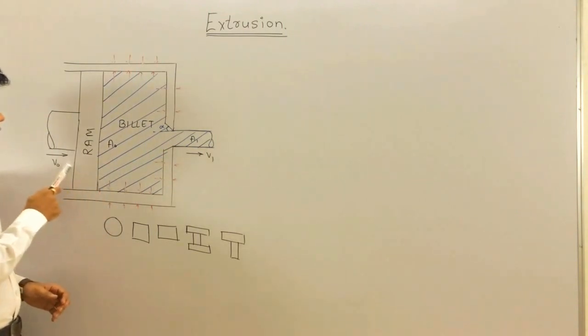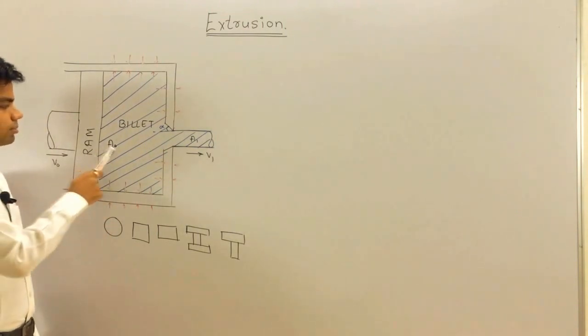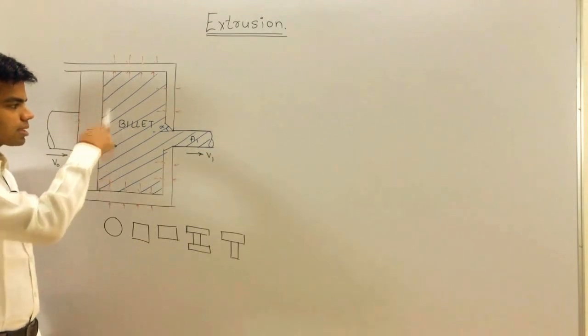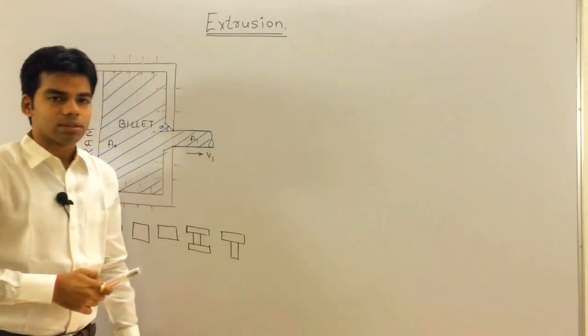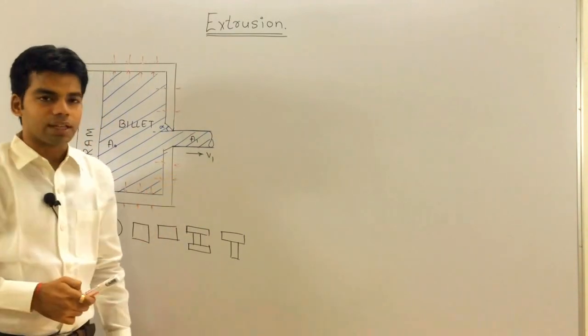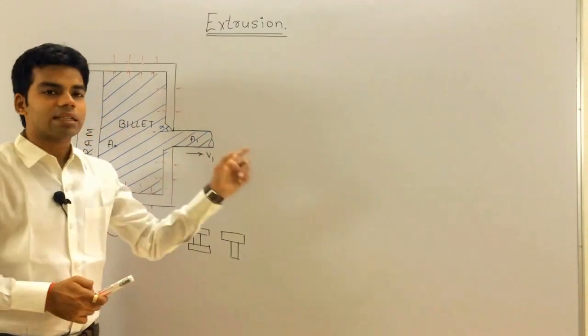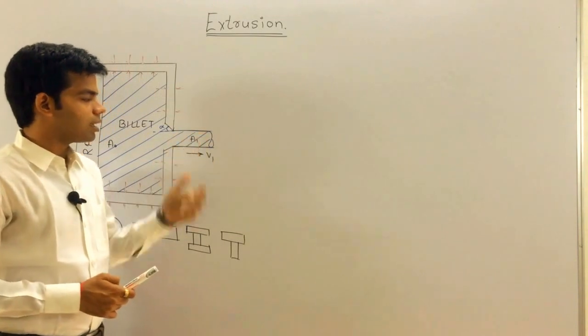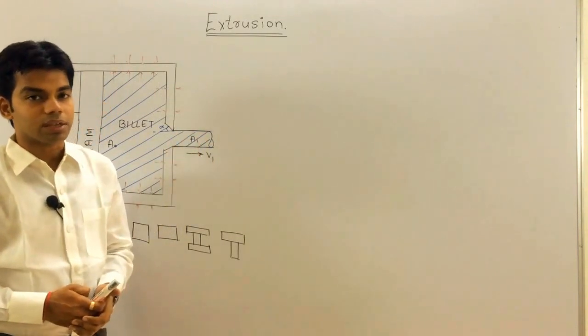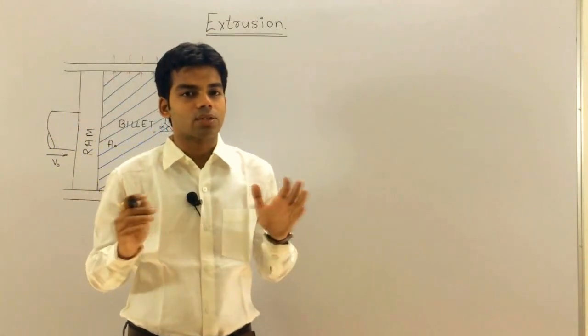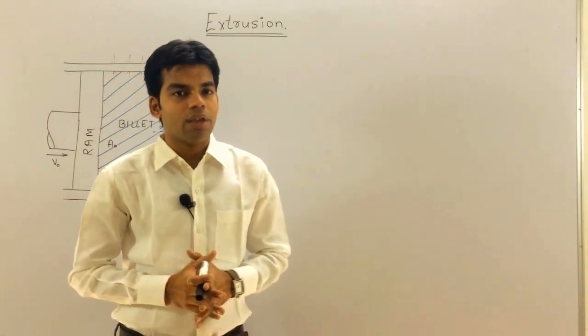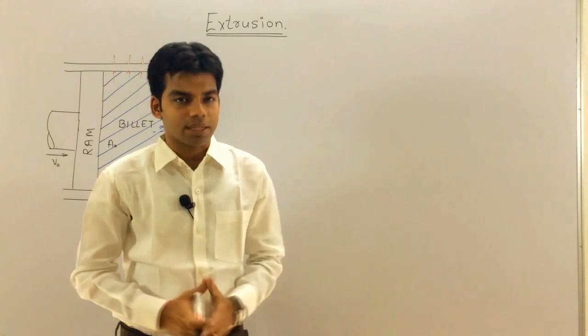Let's suppose the initial velocity of this ram is V0, the area of this billet is A0, the final velocity with which the material is coming out is V1, and the final area of the material is A1. And one thing I told you in the introduction part of the unit is that in all the metal forming processes, we assume that the material is incompressible.